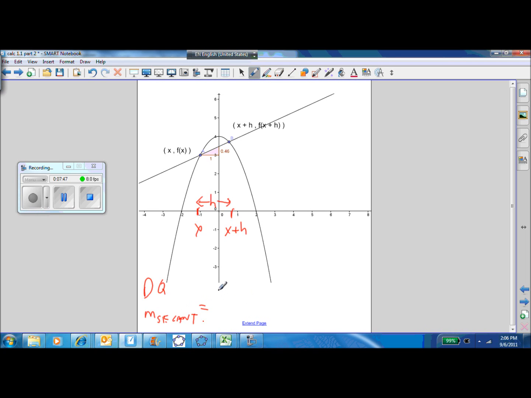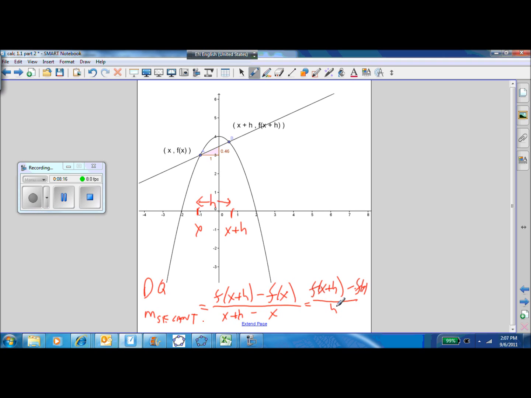So it's f of x plus h minus f of x, that's the change in y's, over the change in x's, x plus h minus x. And you can see that the x and minus x cancel out, and so you just get f of x plus h minus f of x all over h.